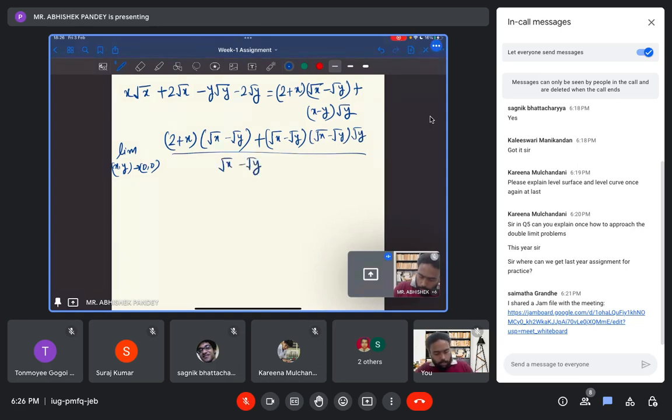Now this √x − √y will get cancelled. So the limit as (x, y) tends to (0, 0), you will get 2 plus (x plus √x − √y) into √y. Now this is nothing but 2. So the value of k is 2.